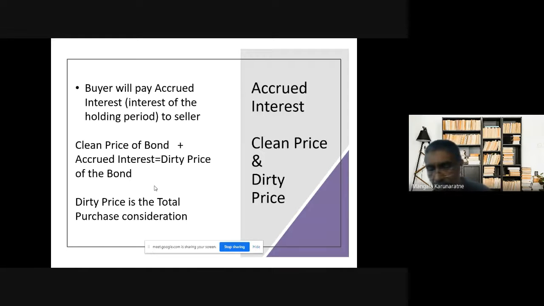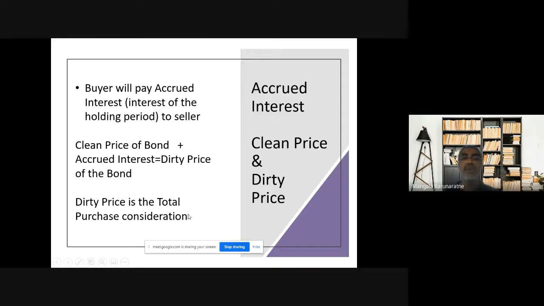So the seller will ask for that accrued interest as well. Seller will ask for the clean price plus the accrued interest. Clean price of the bond plus accrued interest is the dirty price of the bond, right? So dirty price is the total purchase consideration for this transaction.